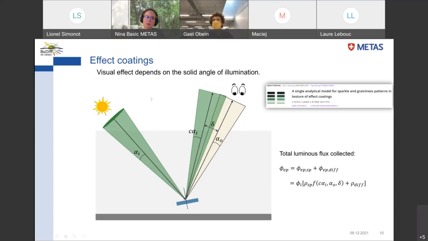Now, if we really increase this solid angle, so basically we go into this diffuse illumination scenario, then basically every effect pigment that we have inside, we're going to see it. It's just that we're not going to see it as this tiny bright spot, but we're just going to see this salt and pepper graininess effect.